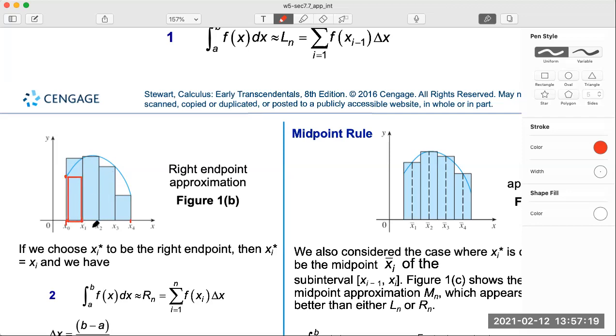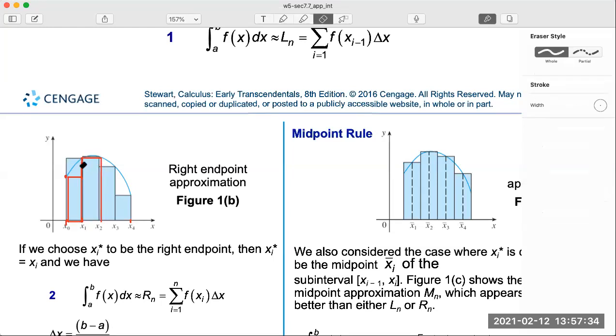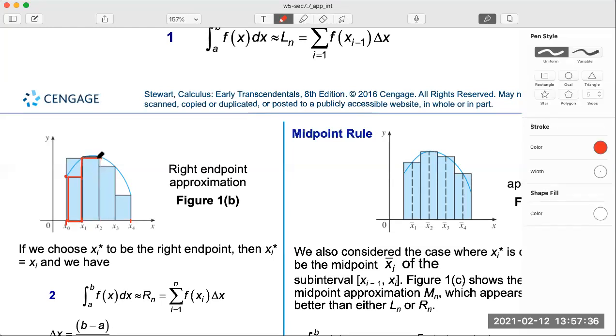Similarly, at the second interval the left endpoint is this, and the rectangle is this red one. And similarly the third one will be like this.